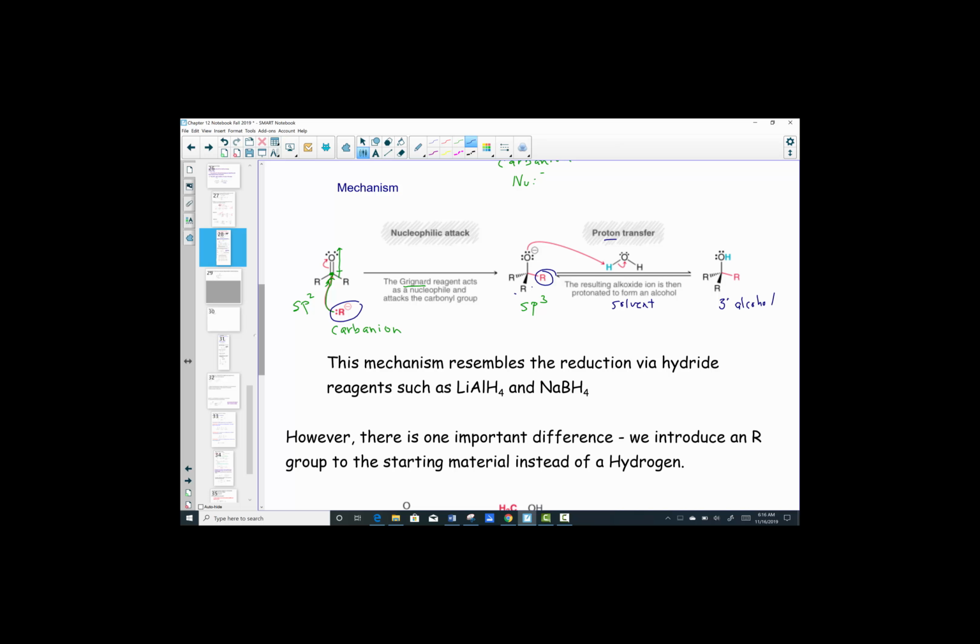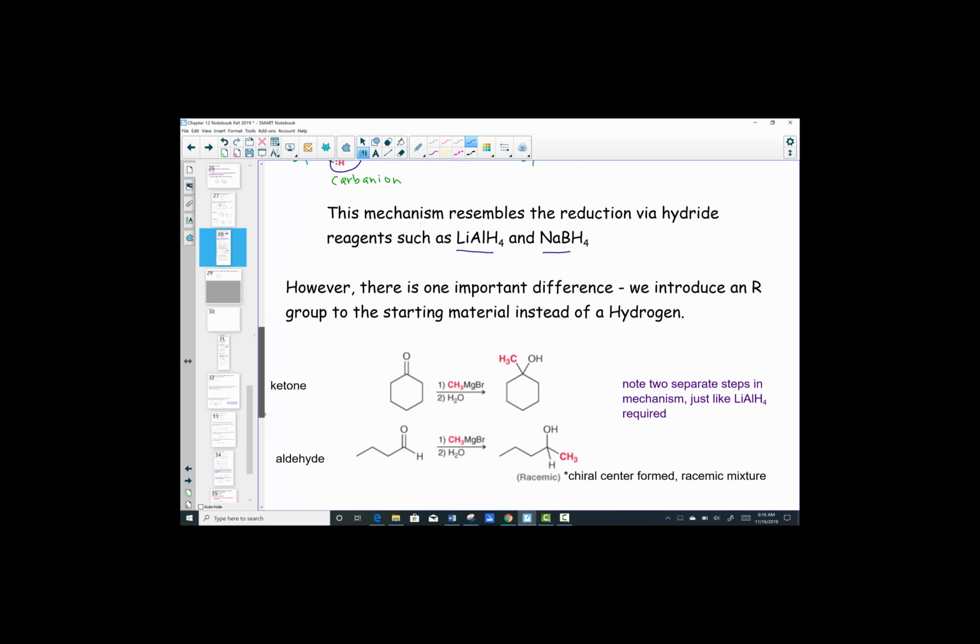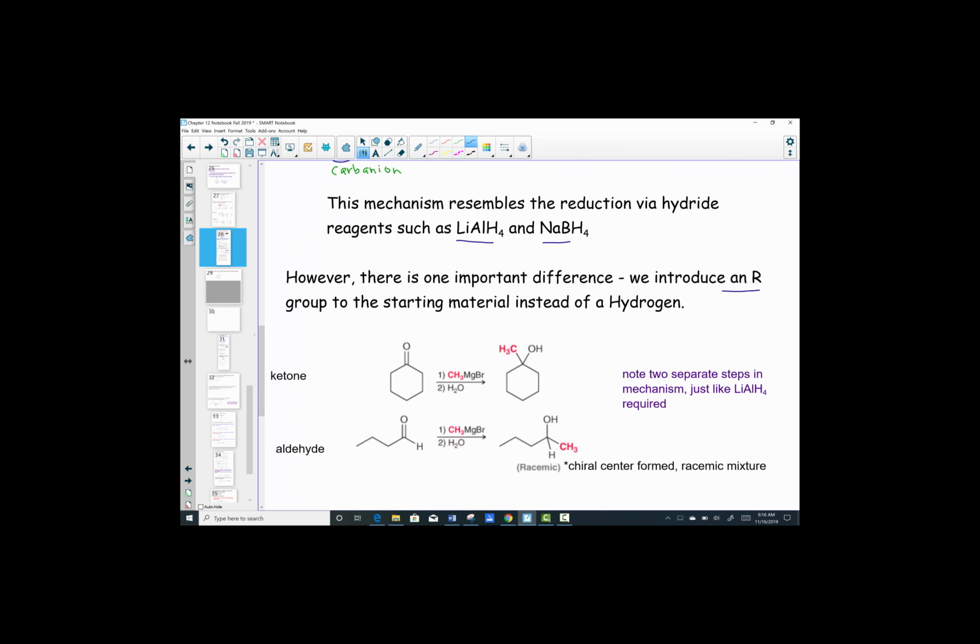The mechanism resembles the reduction via lithium aluminum hydride or sodium borohydride, but the key difference is that we start introducing another R group to the starting material. So if I were to choose a boron hydride, with a negative charge on the boron due to formal charge, or an aluminum hydride, with a negative charge on the aluminum, we add a hydrogen on.